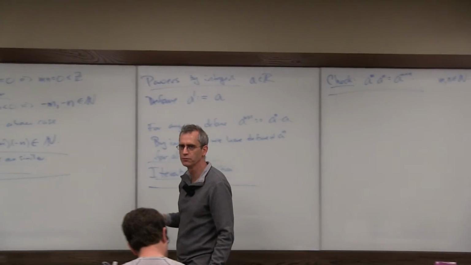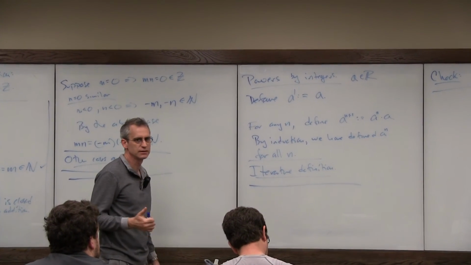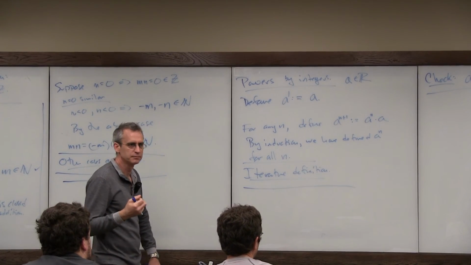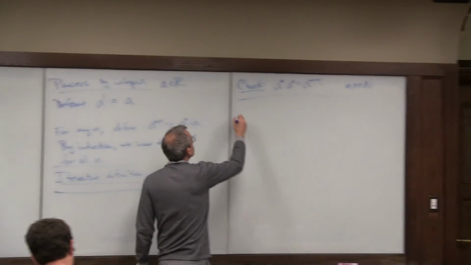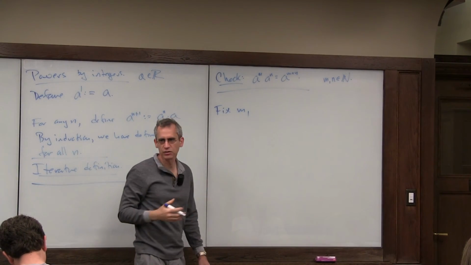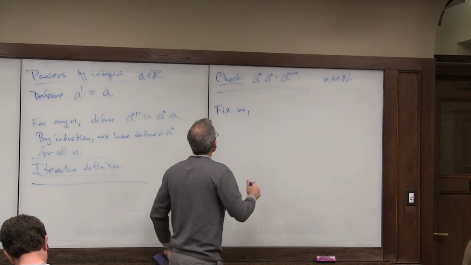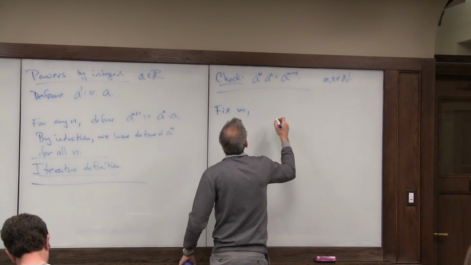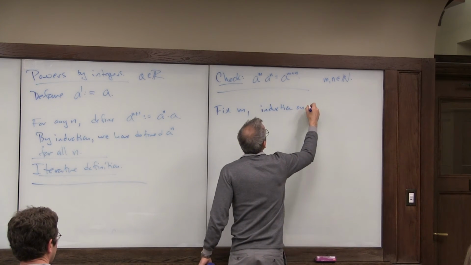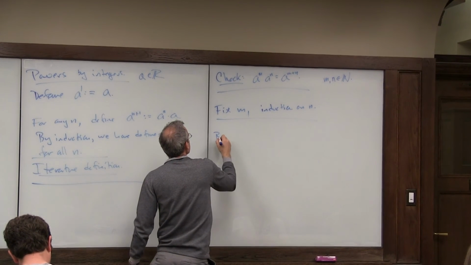Thinking about how we proved this over there. Induction, and more specifically, yeah, let's just fix m. Okay, again, we'll fix m. Since it's arbitrary, then this will be true for all m, right? As long as there are no special properties of m that I'm using except that it's a natural number. And induction on n. Exactly.